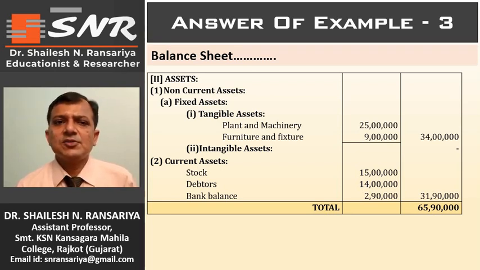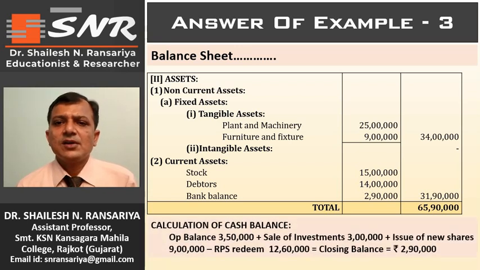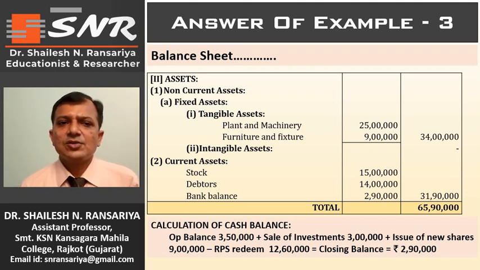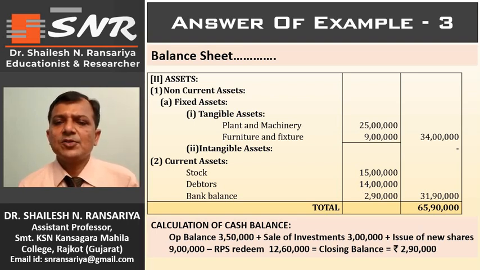See the calculation of closing balance of cash. Opening balance 350 plus sale of investment value 3 lakhs plus issue of new shares, total value 9 lakhs, less RPS redeemed, total 12,60,000. So the difference 2,90,000, known as closing balance of cash.